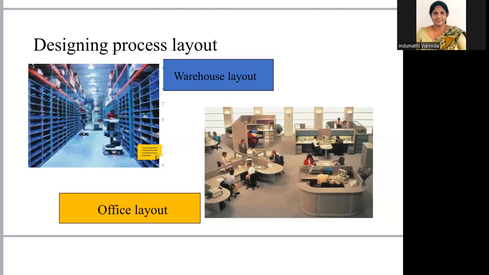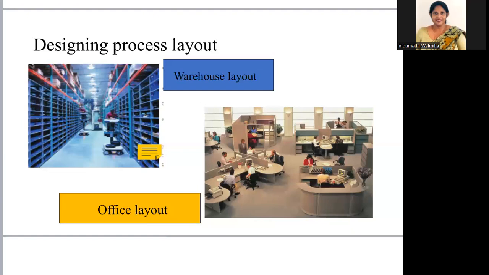Another example is the office layout. This office layout is a special case of process layout. In this process, merely looking at the number of trips between departments or the movement is not sufficient to design a good office layout, because human interaction and communication are the primary factors that need to be considered when designing an office layout.